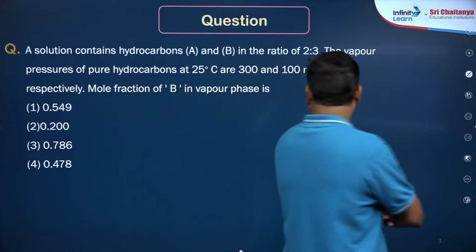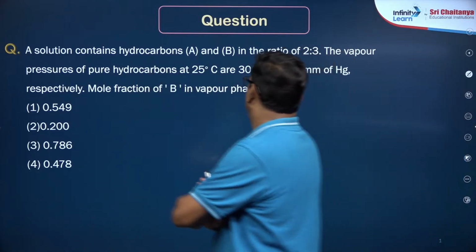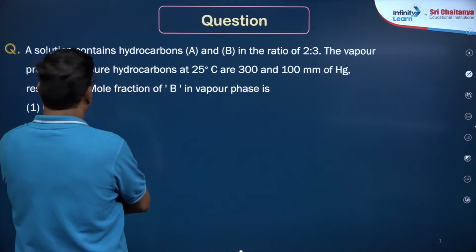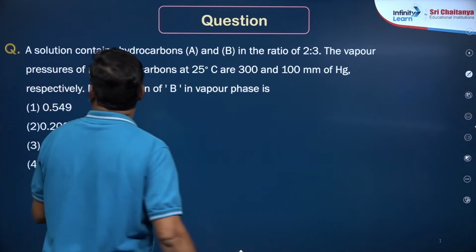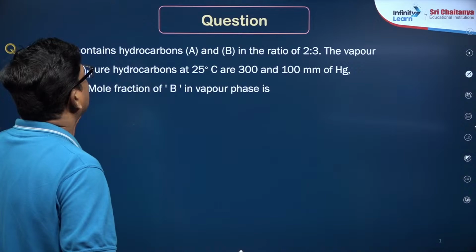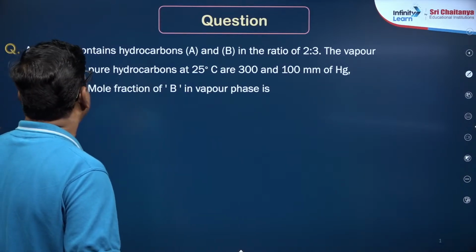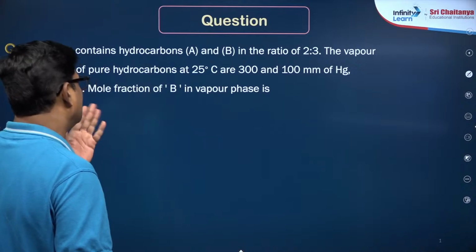A solution contains hydrocarbon A and hydrocarbon B in the ratio of 2:3. The vapor pressures of the pure hydrocarbons are 300 and 100.